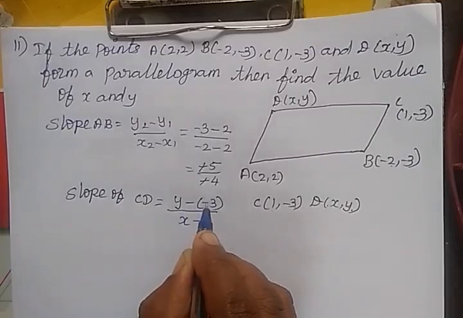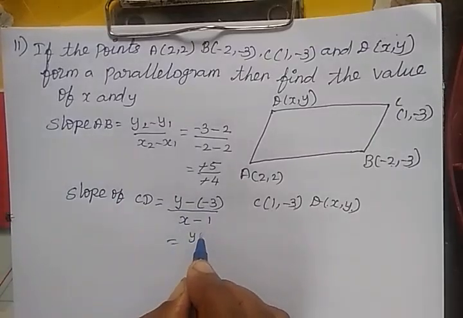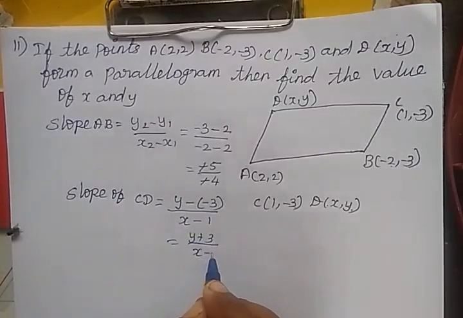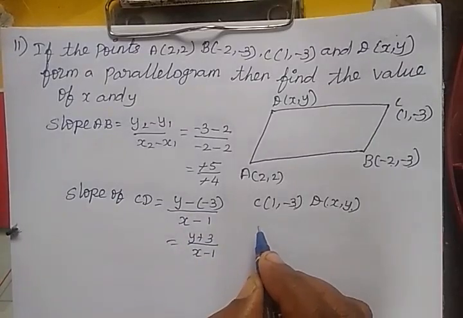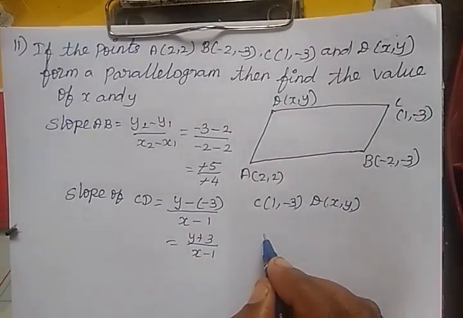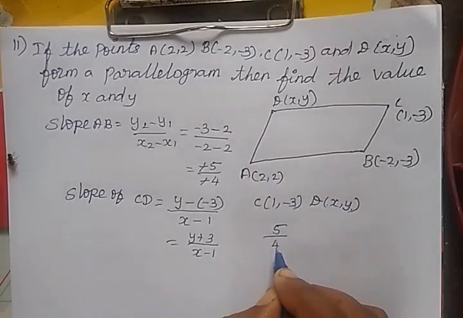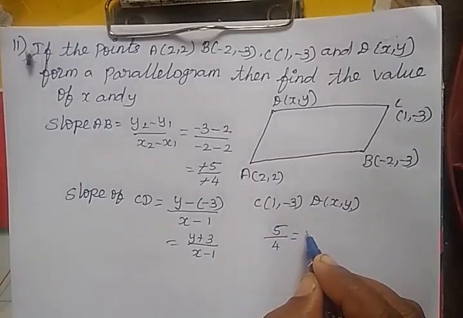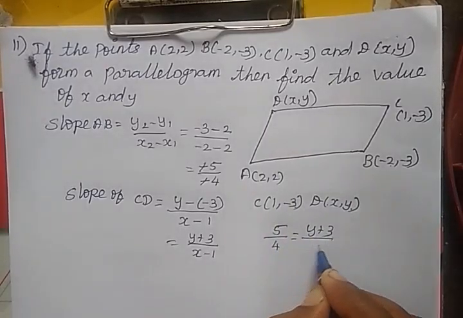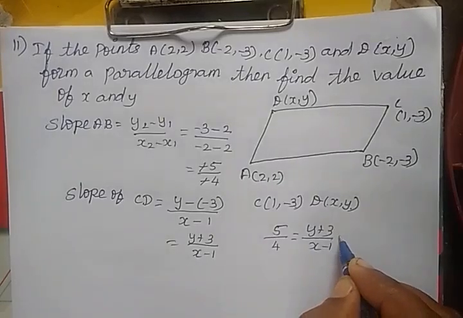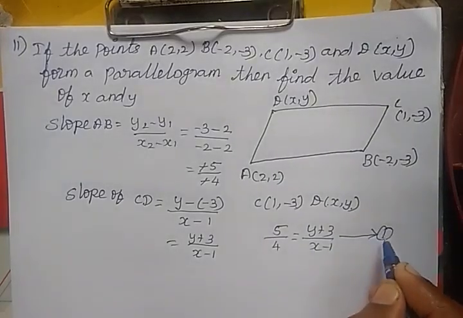That is minus of minus is plus. So (y plus 3) by (x minus 1). Slope of AB is equal to slope of CD. Then 5 by 4 is equal to (y plus 3) by (x minus 1). We take this as equation 1. Afterwards we find the remaining.